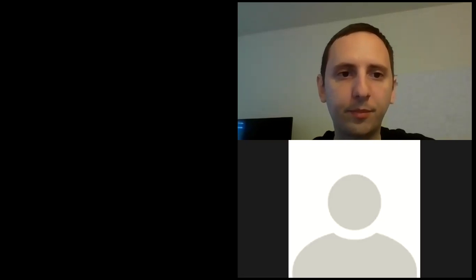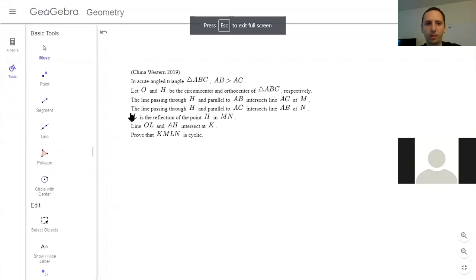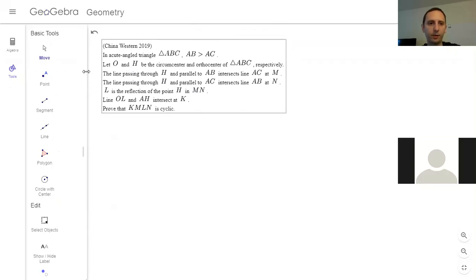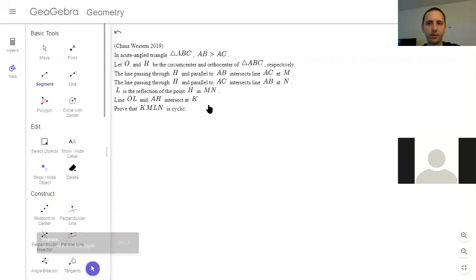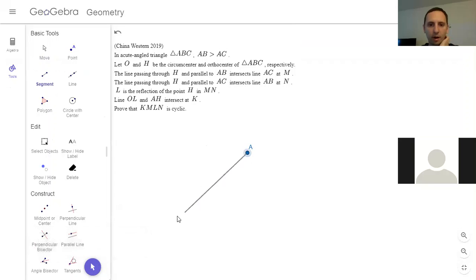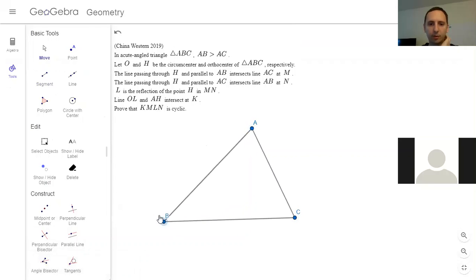All right, so I'm going to share my screen. Here's the first problem. We have a triangle ABC with AB greater than AC, so something like this. O and H are the circumcenter and orthocenter.